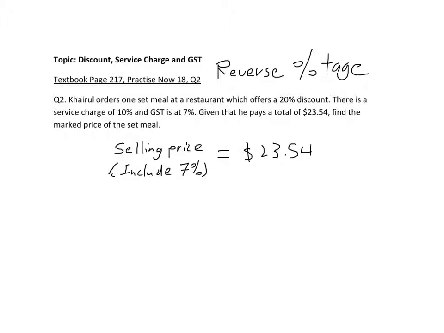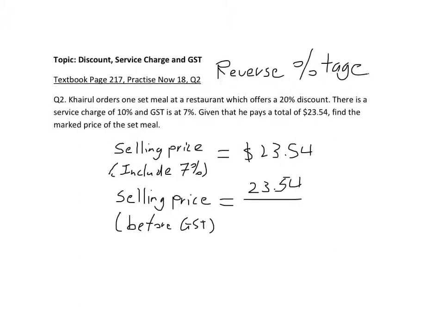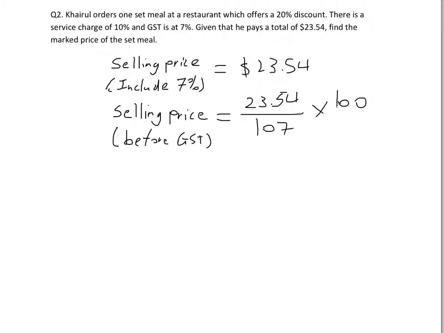This question requires a step-by-step approach. The first step is to find the selling price before GST is included, which is simply 23.54 divided by 107 times 100, and you will get $22. This is the first step.